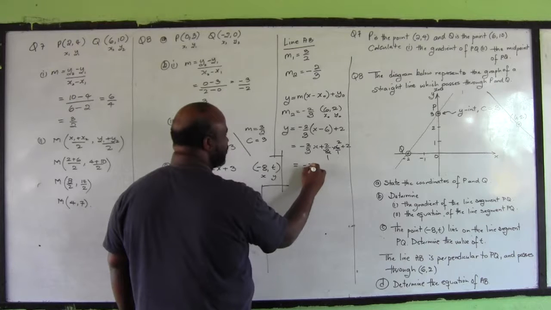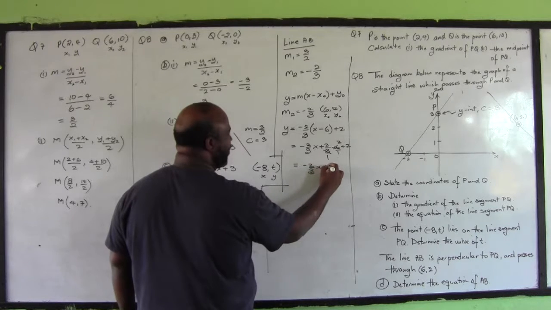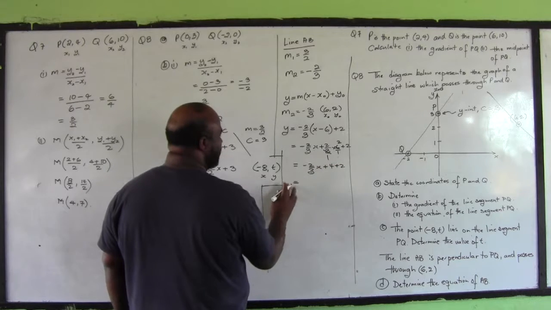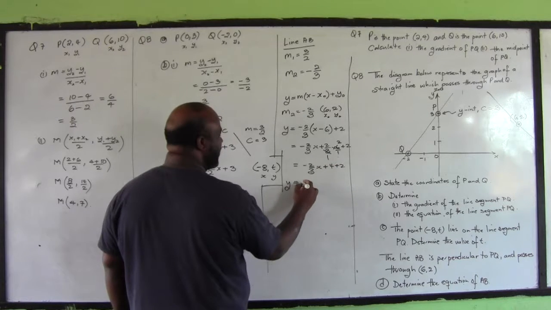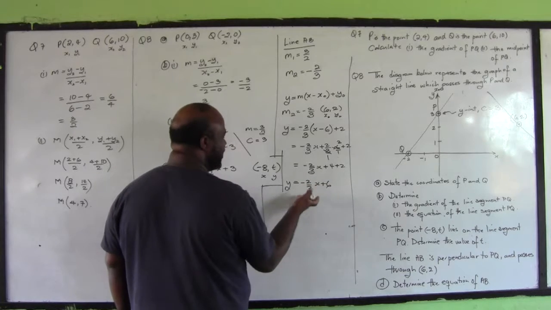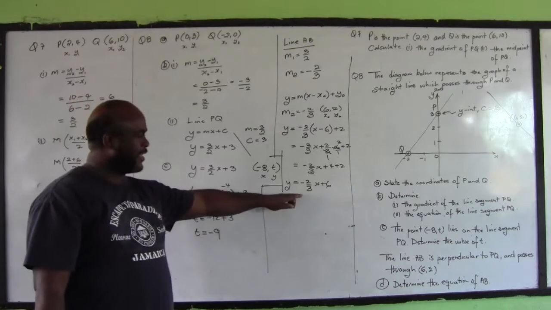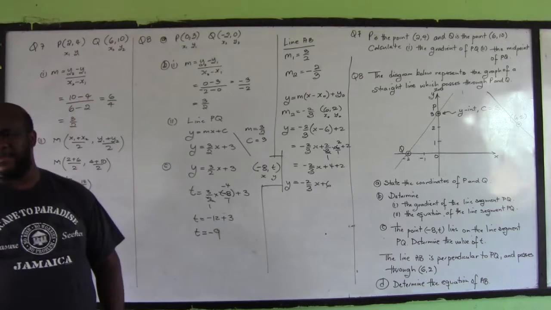This is minus 2 over 3 x plus 4, plus 2. So y is equal to minus 2 over 3 x plus 6. This is the equation of the line AB.